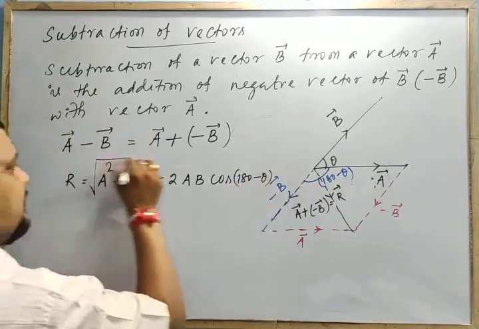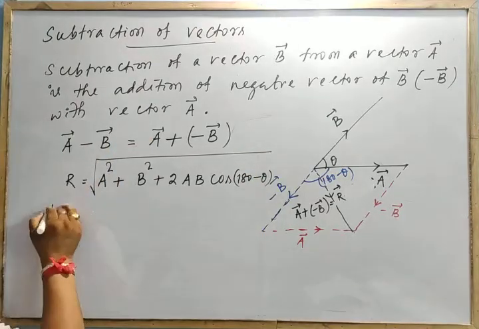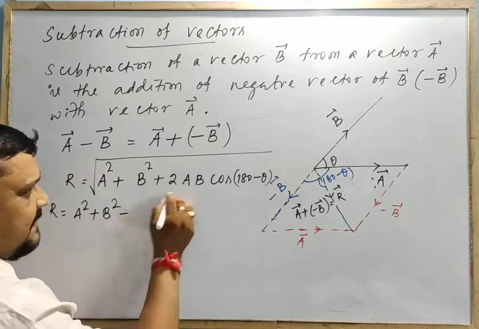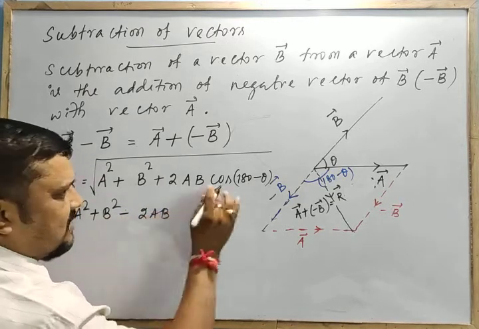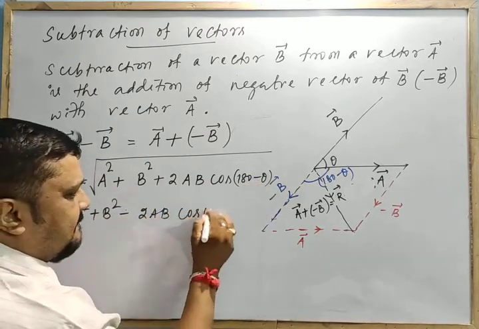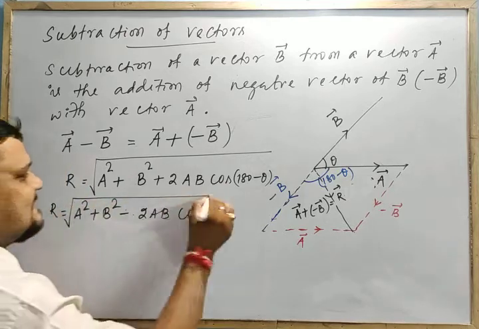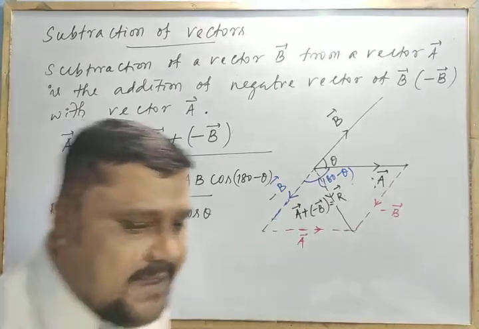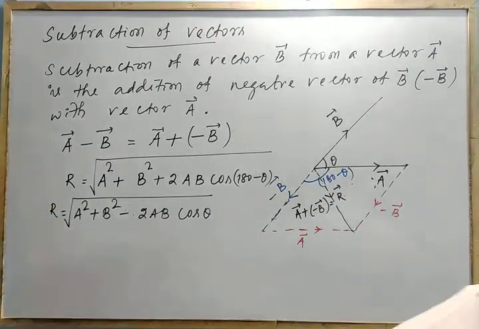So R is the square root of A square plus B square minus 2AB cos theta, since cos of 180 minus theta is minus cos theta. This is the resultant magnitude in subtraction.